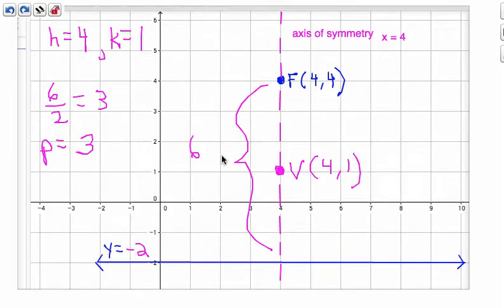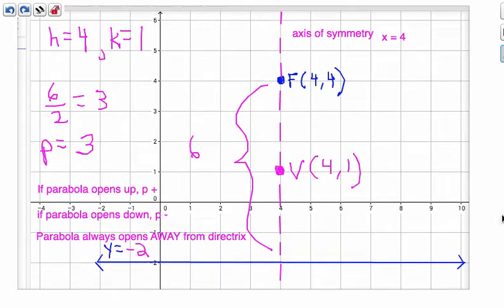Now we need to determine if p is positive or negative. And there's an easy rule for determining if p is positive or negative. If the parabola opens upward, p is positive. If the parabola opens downward, p is negative. To determine which way the parabola will open, you follow this rule. The parabola always opens away from the directrix.